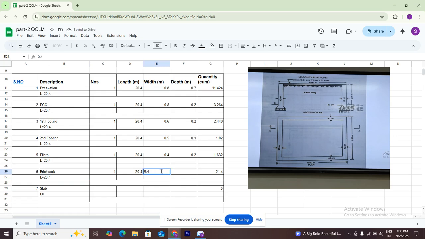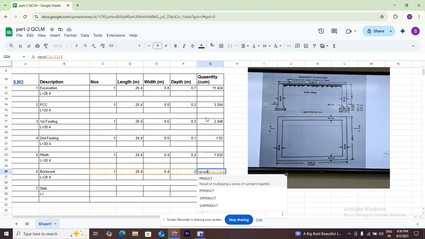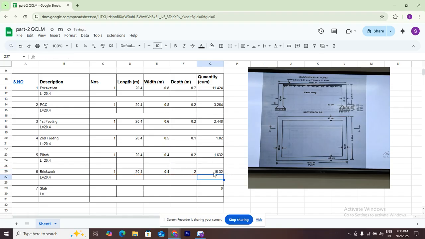The thickness is 0.4 and the height is 2 meters. Okay, 16.32 cubic meters.